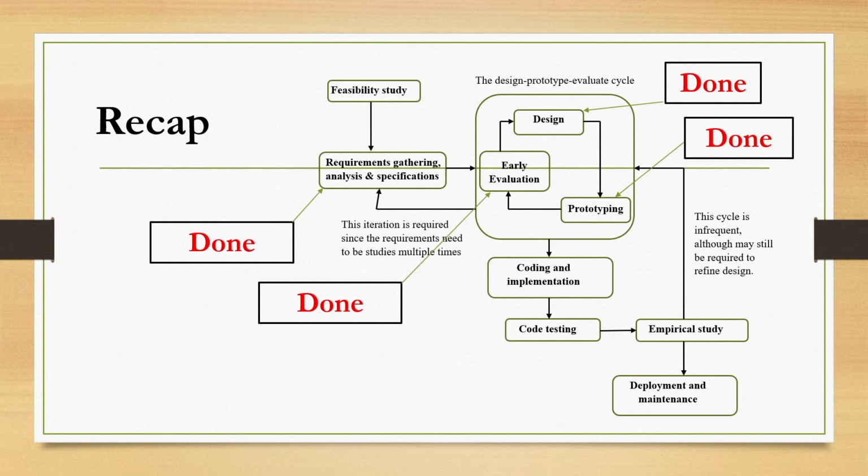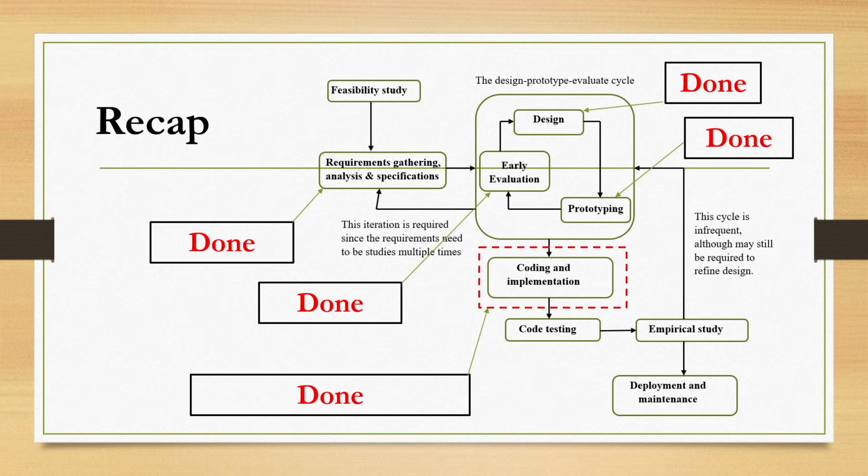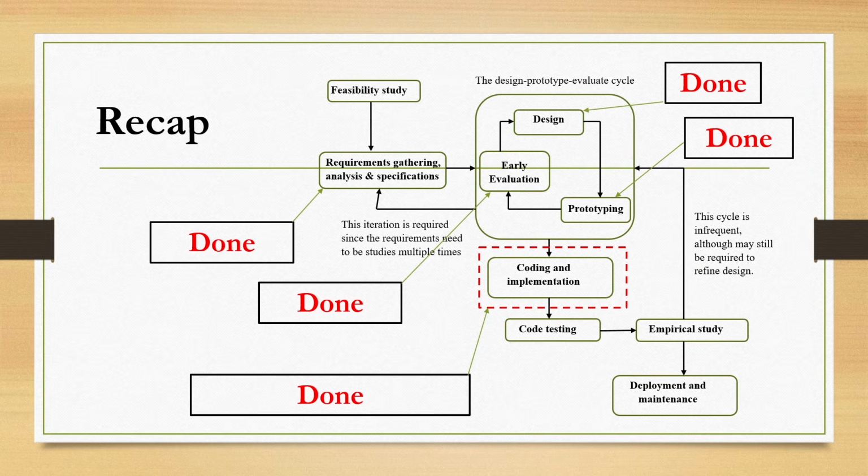So, we have covered all the three sub stages of this cycle for interface design. Subsequently, we covered design of the system or code design. Then we discussed in the previous lecture the coding and implementation stage, where we learned about coding practices, what we should do, what we should avoid while writing a program.